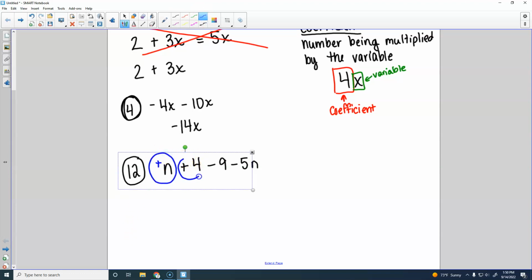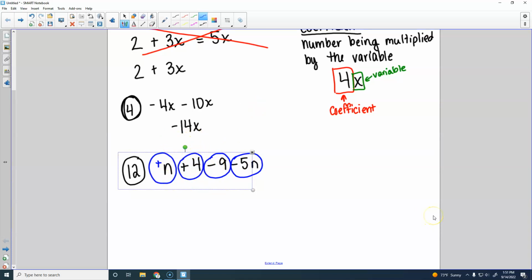We have a positive 4, a negative 9, and a negative 5n. Right, so the sign in front of the expression is what we're looking at, not the one behind it. Sometimes students will see this 4, they'll look at the negative behind it and treat it like it's a negative 4. It is not, it's a positive 4.